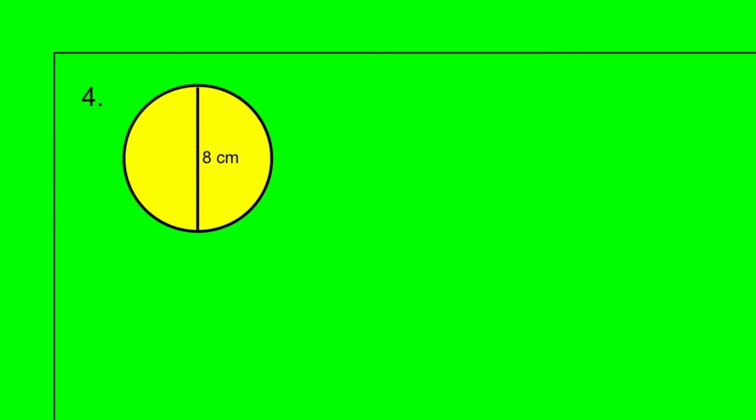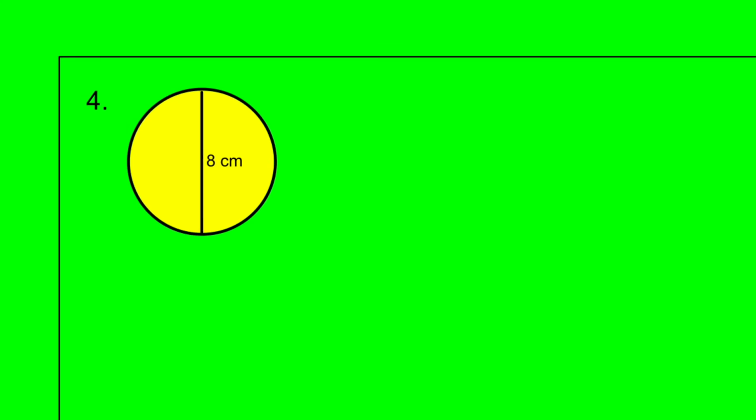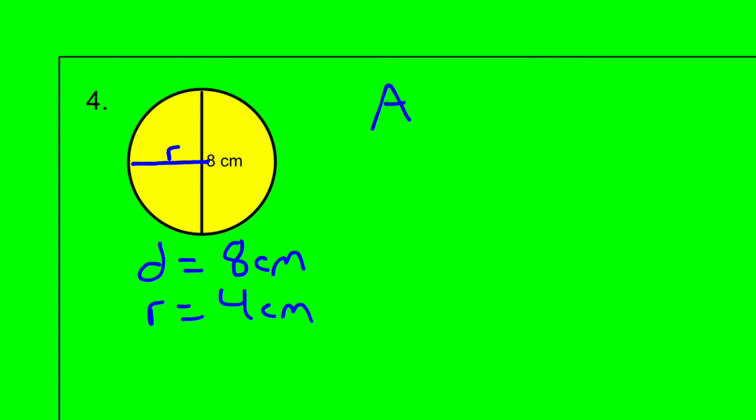One last question. We're given a circle. We're given the diameter is 8 centimeters. So D equals 8 centimeters. The radius is a half the diameter, right? That would be the R. So the radius is 4 centimeters. And then we can use our area math equation. Area equals pi times the radius squared.